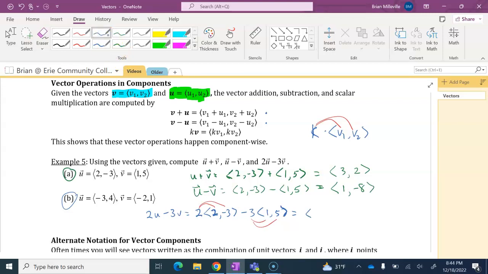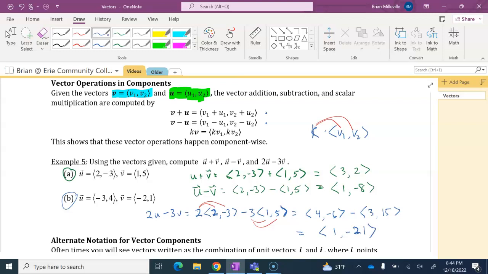Writing that out, we would get 4 comma negative 6, and then minus, distributing the 3 through, 3 comma 15. Next we are just going to subtract component-wise. After the scalar multiplication, 4 minus 3 is 1, negative 6 minus 15 is negative 21. There we go, that's it.